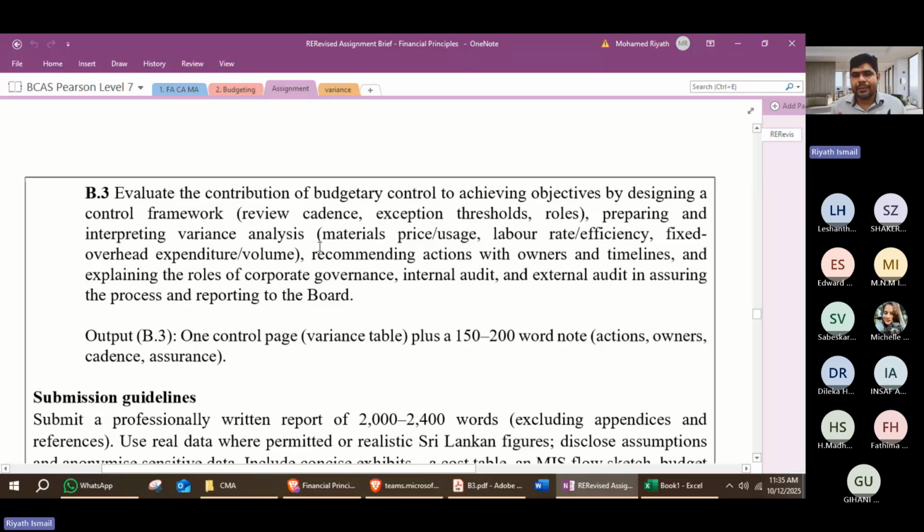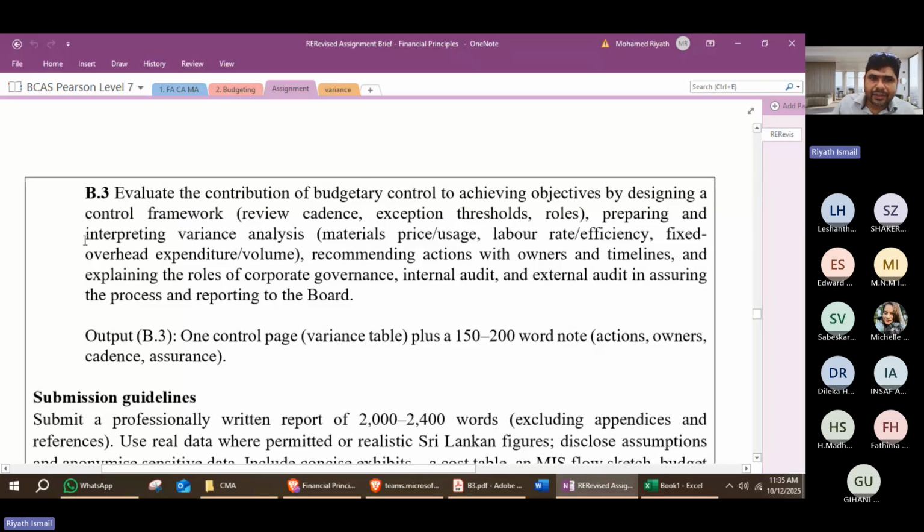So how a particular organization uses budgetary control or variance analysis for achieving its organizational objectives, and how it uses variance analysis and controlling mechanisms, preparing and interpreting variance analysis.